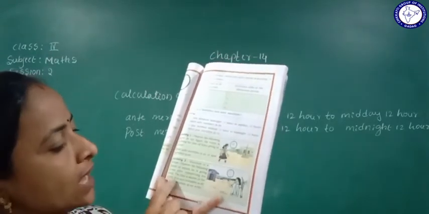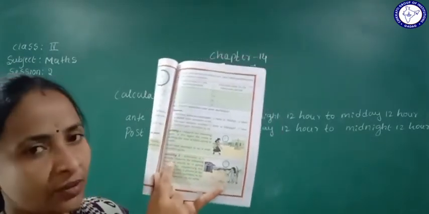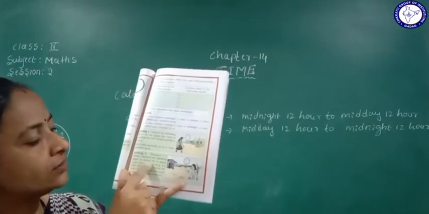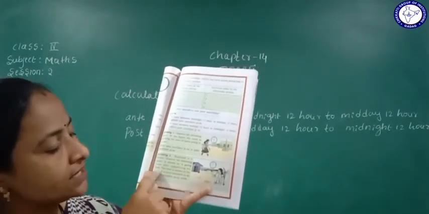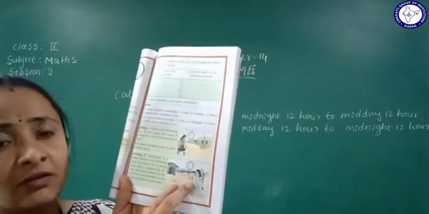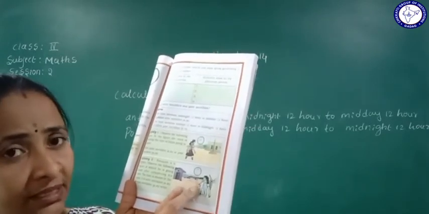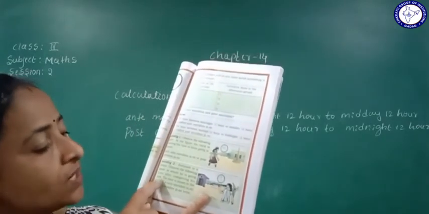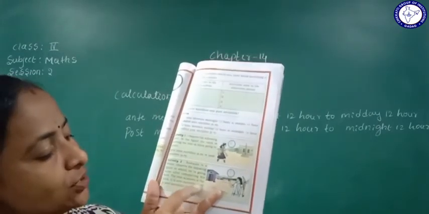Another activity given here. Ramaya is a farmer. Observe the following figure in which he is going home after completing his work. He went to his field, did his work and completed it, and then he comes back home. After completing his work, the time is shown in the clock.